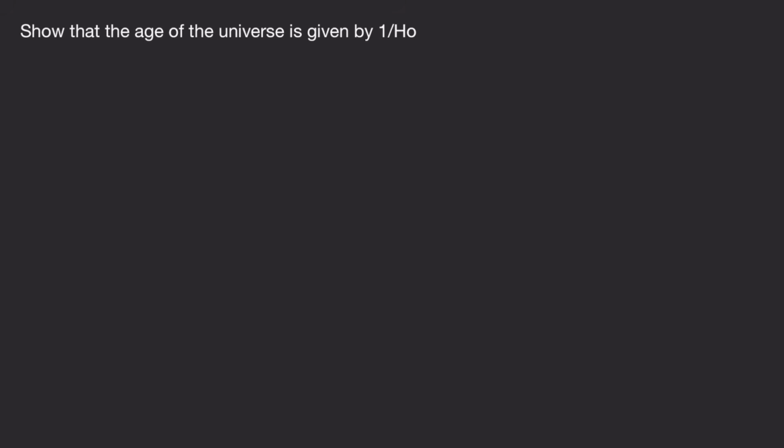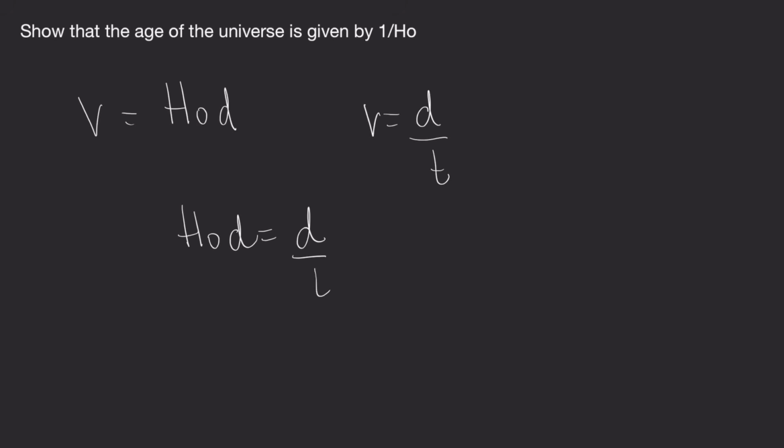This one here is for Edexcel as well, and we need to show that the age of the universe is given by 1 over Hubble's constant. We're going to start off with the fact that speed is equal to Hubble's constant multiplied by distance. But additionally, speed is also distance over the amount of time. Then we just need to equate the two, and then we get that H naught multiplied by d is just given by distance over time.